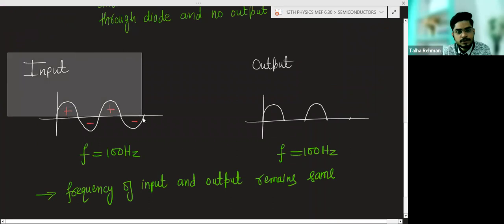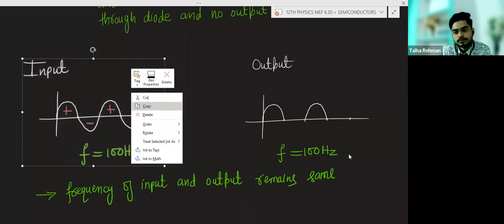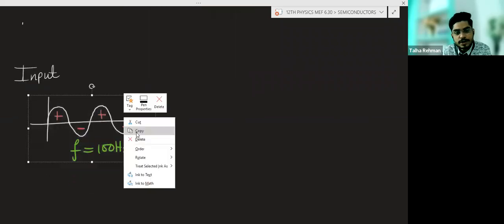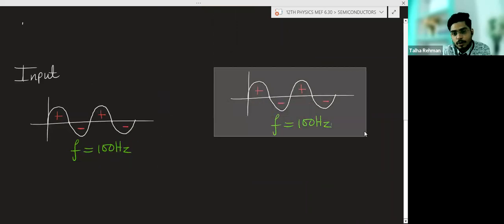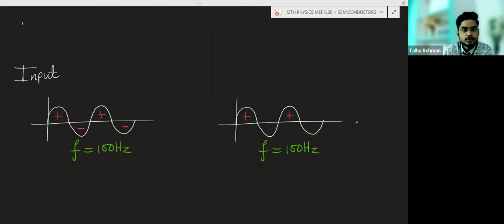This is the input. And how will the output be? Because now you are getting output for the positive half cycle and for the negative half cycle also, the output will be like this. Suppose 1, 2, 3, 4. So during the negative half cycle also you are getting the output now.